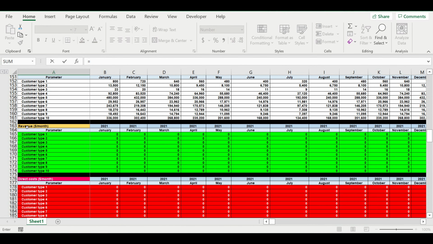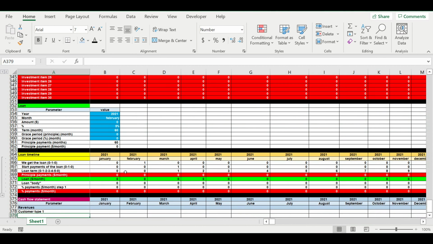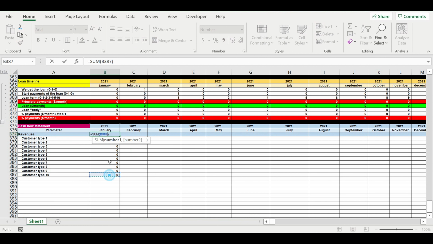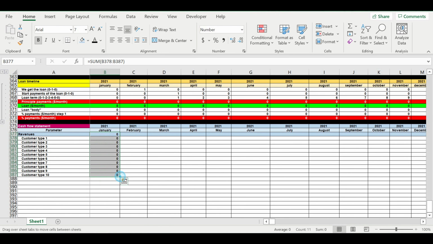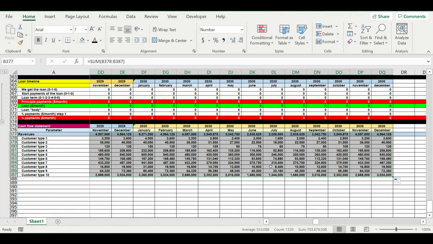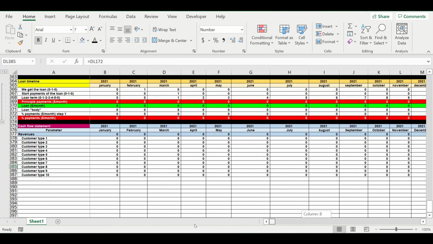We marked our revenues with green color, so we just take these values. These are the revenues.